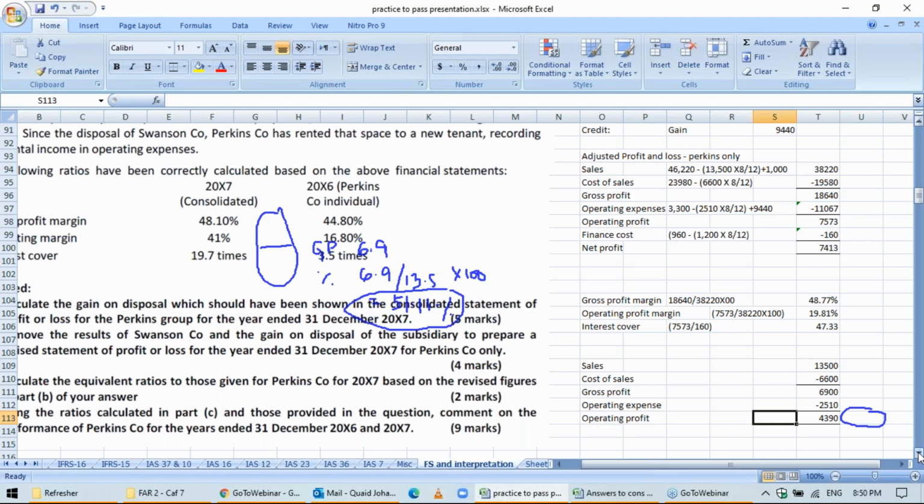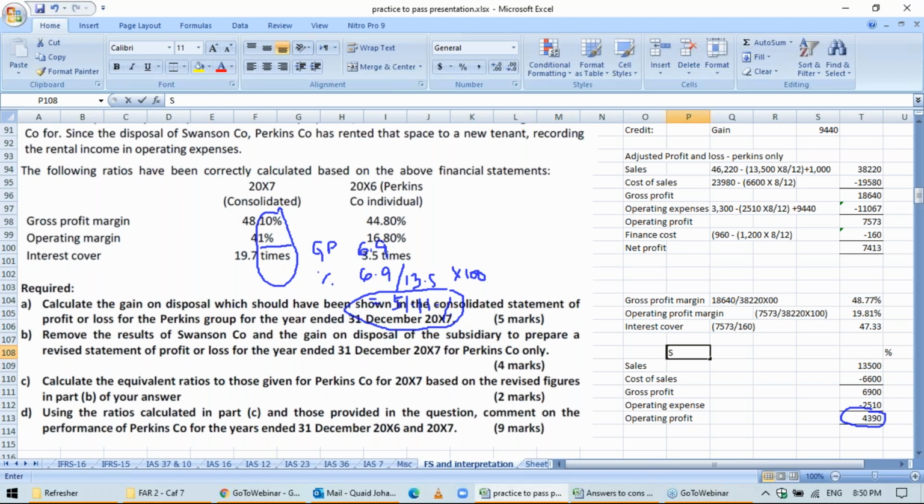Okay, now let's calculate the ratios, the percentages of this standalone subsidiary. This is Swanson company's percentages. Always remember not to compare unlike items. You cannot compare the consolidated with the single company. You have to compare the single with the single, right?